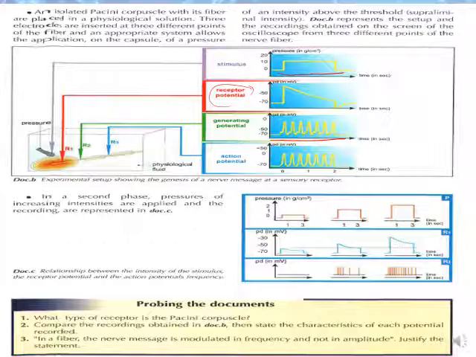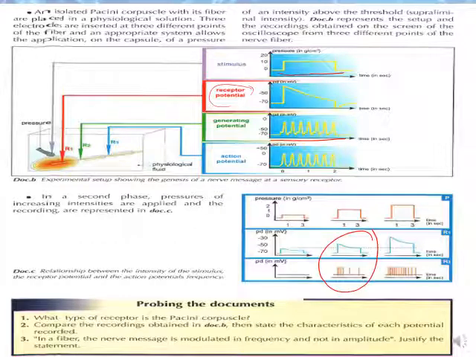The receptor potential increases above the threshold and reaches minus 40 millivolt, and then it decreases to minus 70 again in 2 seconds. This leads to the appearance of the action potential in the nerve fiber with a frequency that decreases with time.